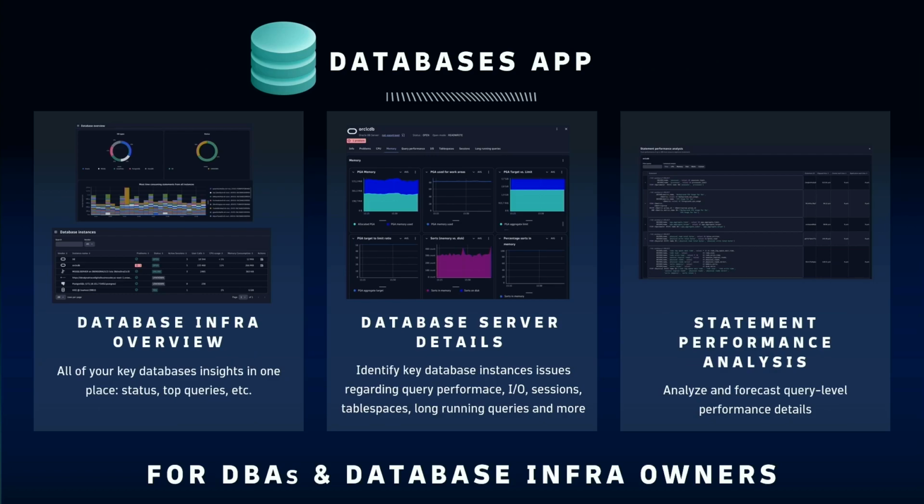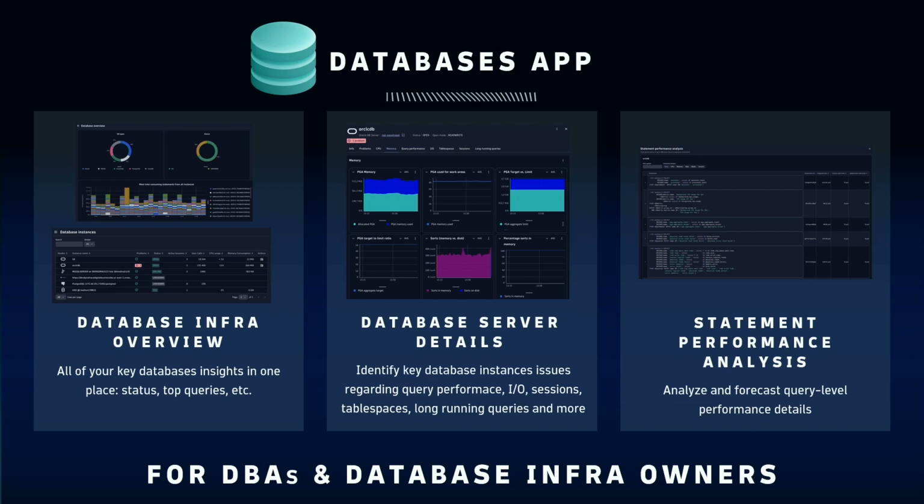So our third jewel in the infrastructure crown is the database application. And we are treating databases as our first-class citizens. The reason for that is that we think databases should be analyzed not only in the application context, but also in the context of the infrastructure below that the databases are relying on. So we have more or less three places where you can assess your database infrastructure.